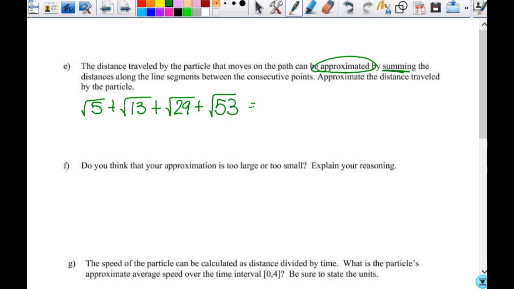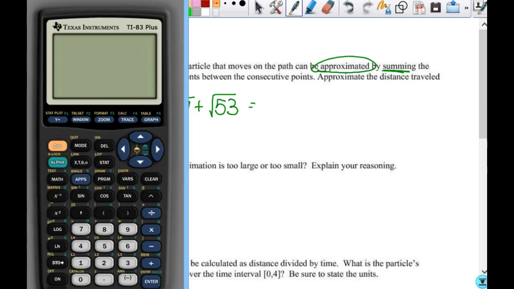Now, a little bit of a warning for the 84s that you're using. I'm not sure what operating system it has, and so sometimes the square root acts differently. It's not that hard to figure out, but if you've never used it before, you get confused, and then everything's under one big square root. So square root of 5, if it opens the parentheses, you have to close the parentheses.